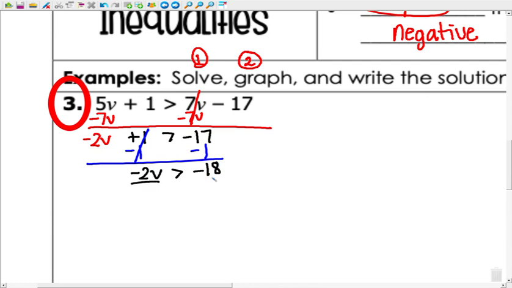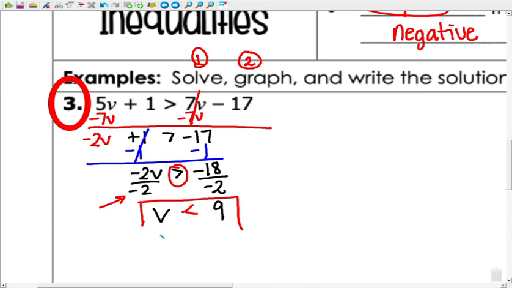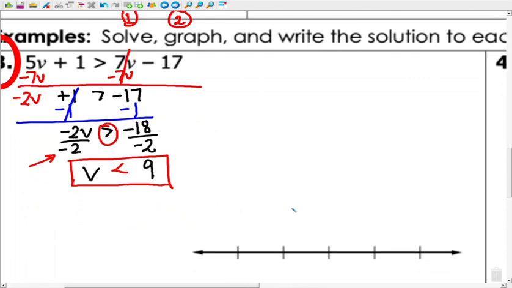At this point, I am dividing by negative 2, which means I have to now change the direction of my inequality symbol. If I multiply or divide by a negative, this symbol is reversed. So now it becomes less than 9. You have just solved your inequality. Proceed with a graph.